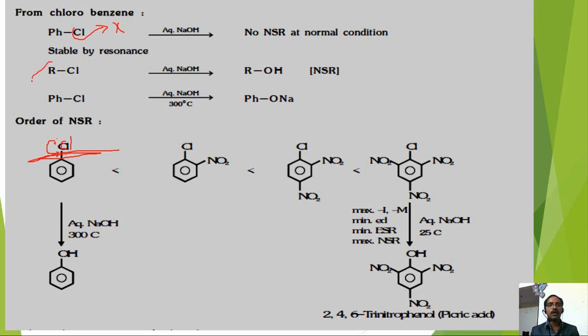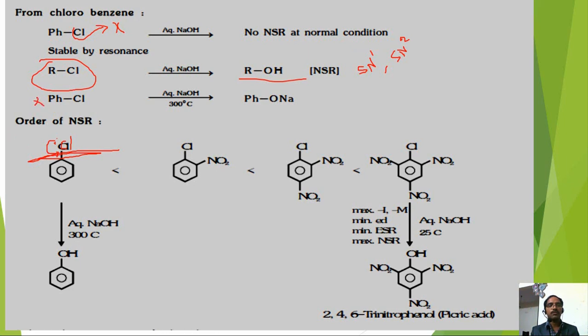But in the case of alkyl halides, we can easily make alcohols with aqueous NaOH. These reactions we discussed in the alkyl halide chapter, especially the SN1 and SN2 mechanisms, which are very important in that chapter. Here, put one star mark on this one.